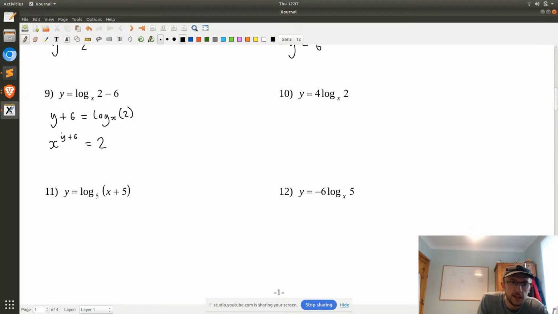And then take this root of both sides. Like that. And then swap the variables.